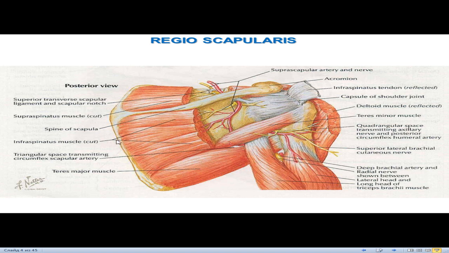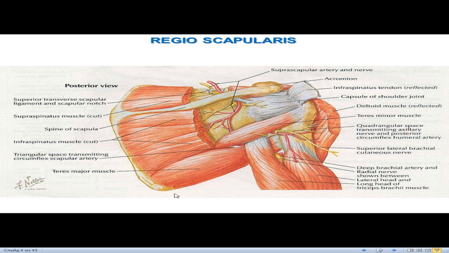Then the medial and lateral margins of the scapula. These margins you can also palpate, and of course the inferior angle of the scapula.